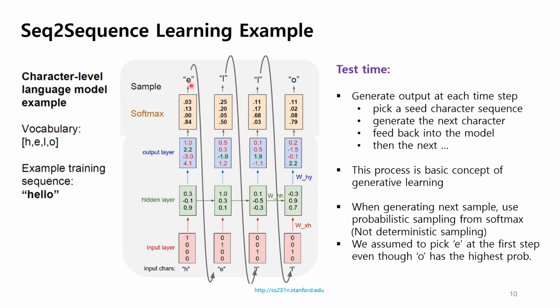That's the problem you have to work on. So that was the test time process. You give an initial input, and the RNN should generate the output in sequence. So that's the example of sequence learning.